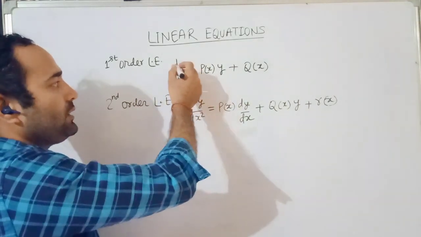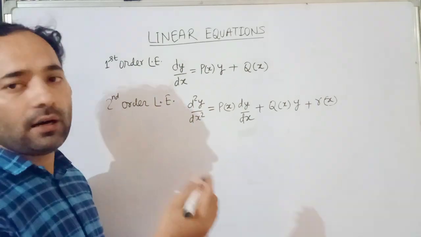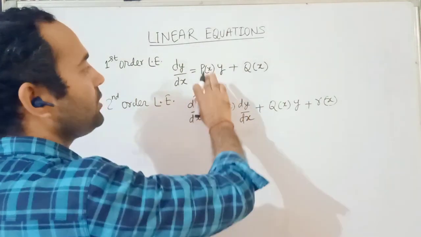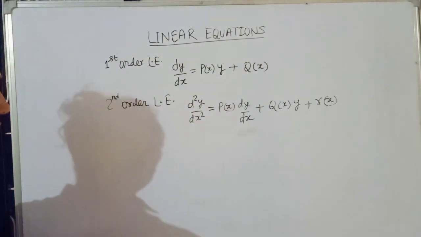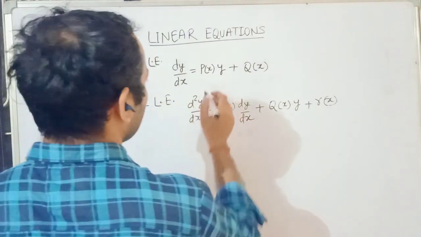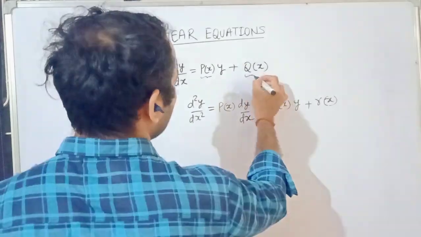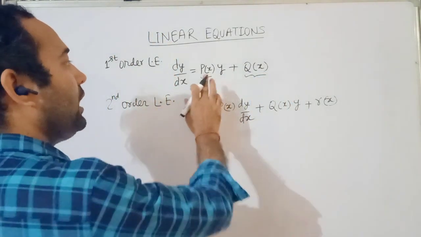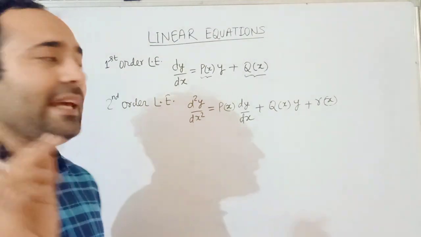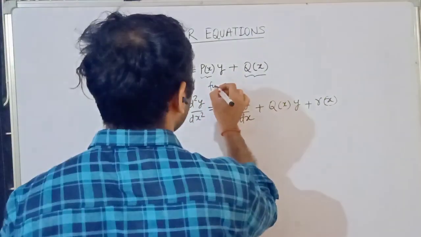So in all these, the highest order derivative is a linear function of lower order derivatives. Okay, do you notice one thing? The coefficients of the dependent variable or derivatives are functions of only x.